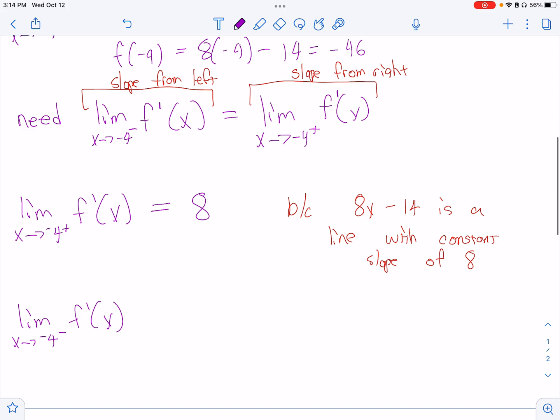So that's going to be the limit as h goes to 0 of -4 plus h squared plus 16 times -4 plus h plus 2.